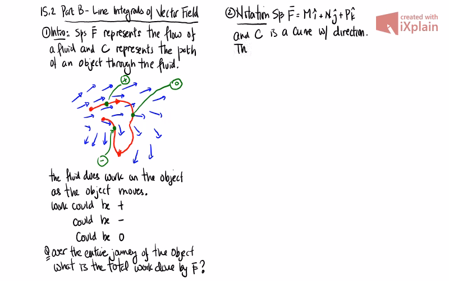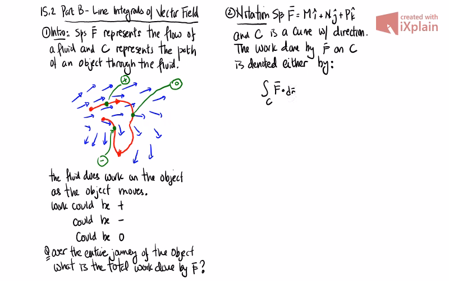Then the work done by F on C, by F on the object that's following C, is denoted, and there are two different notations. The maybe standard notation is just the integral over C of F dot dr.